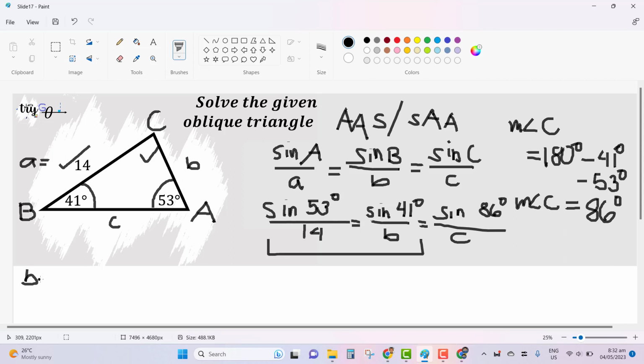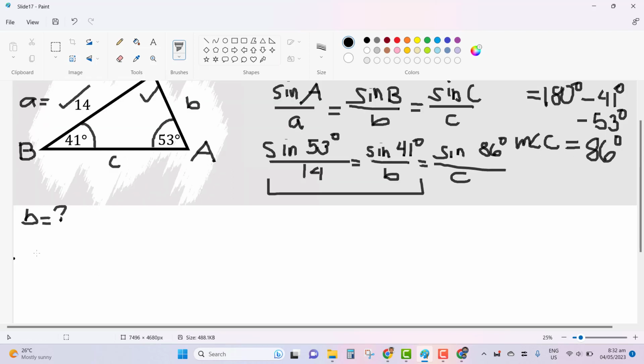Now let's start with side B. What we're going to use here is the fundamental law of proportion, or cross multiplication, if you may. So we will have B times sine 53 degrees equal to 14 times sine 41 degrees.